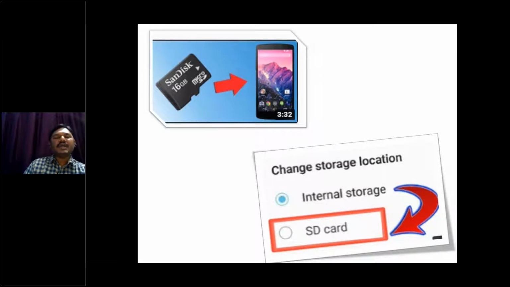Because to store more audio files, more user data files, more user video files, we need externally available memory, because the internal memory is not sufficient. This is called internal storage memory, and this is called SD card, meaning secure digital card, and this SD card is used for data storage.